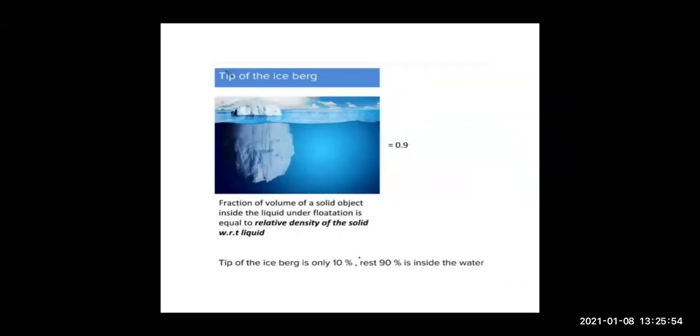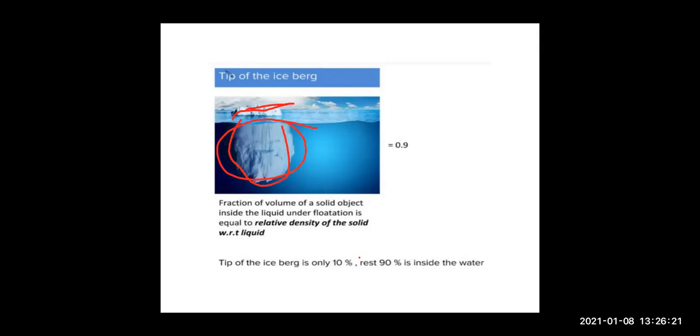Now here, children, this is the iceberg. This much part of the iceberg is floating and the rest is submerged in the liquid. The fraction of the volume of the solid which is inside the liquid is equal to the relative density of the solid with respect to the liquid.